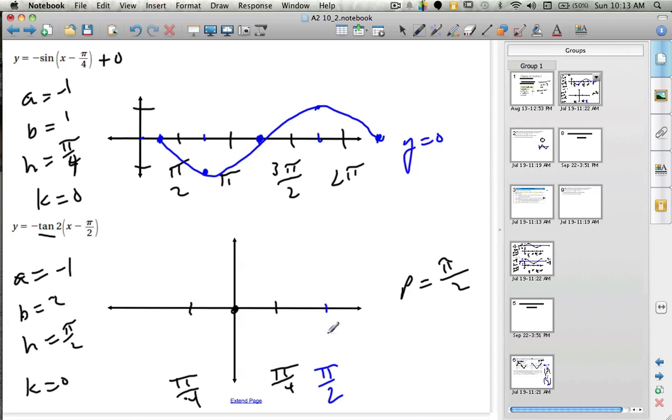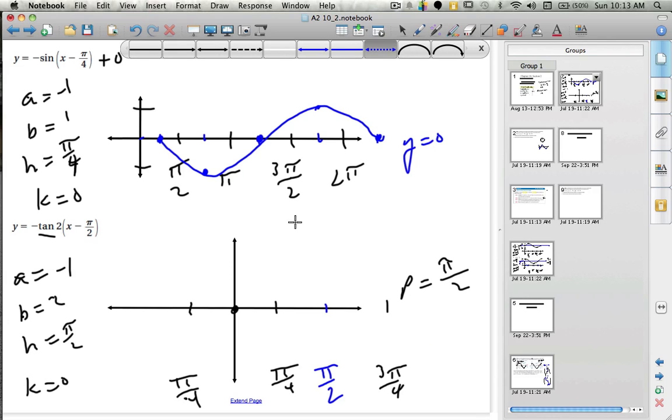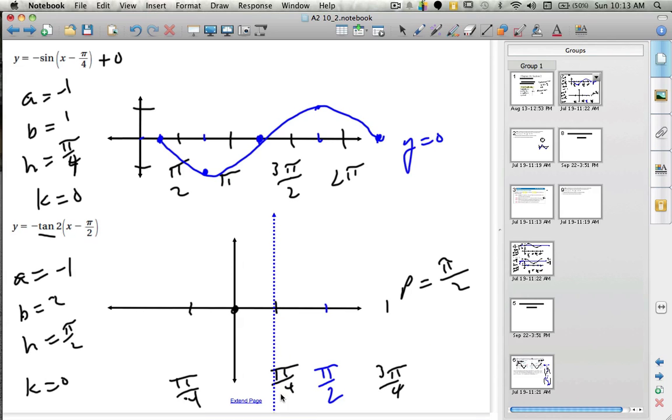So now I move pi over 4 in either direction. This, instead of now being the right asymptote, is the left asymptote. And on the other side, I would have 1 pi over 4, 2 pi over 4, 3 pi over 4. And these now are the locations of my asymptotes.